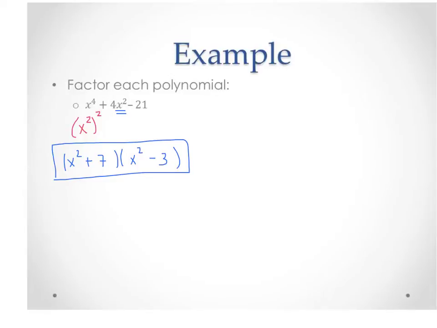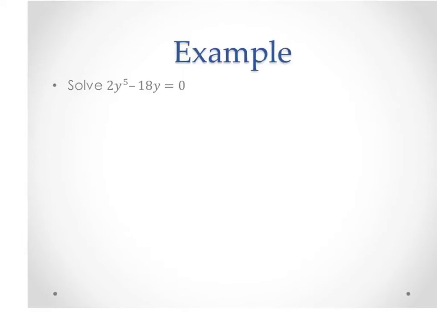Okay, so solving. Remember that when we solve by factoring, we use what's called the zero product property, which means that we factor it completely and set each factor equal to 0. So you need to factor this. I would start out by recognizing that they share a 2y.